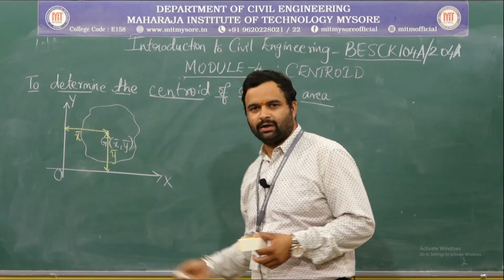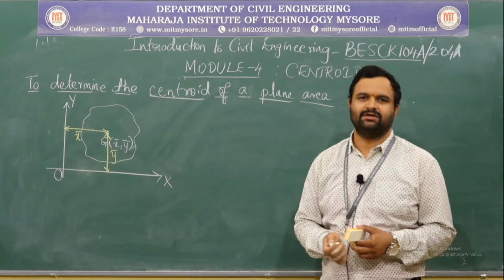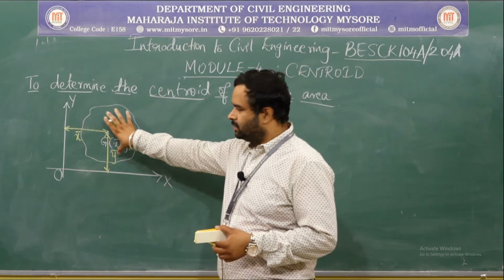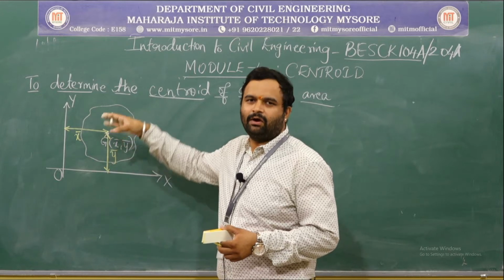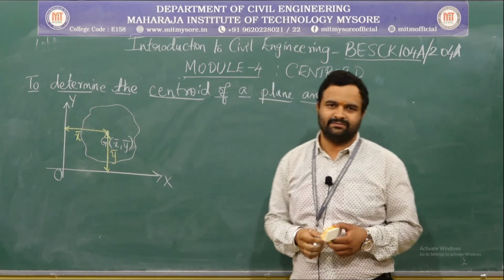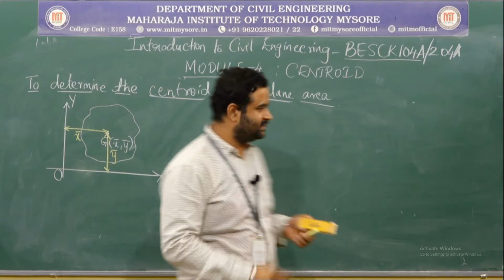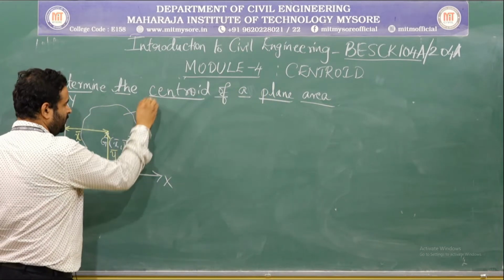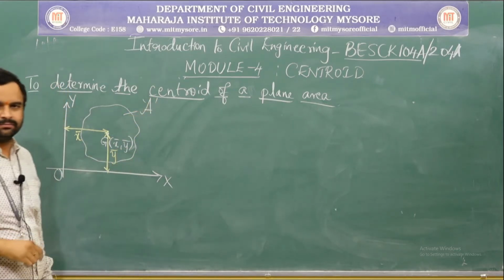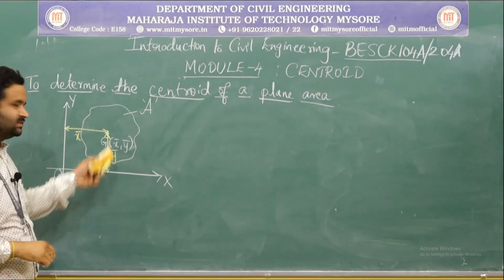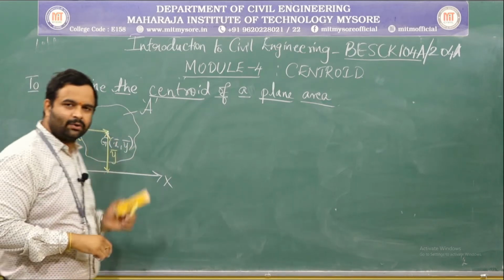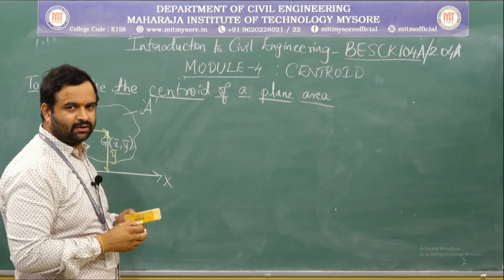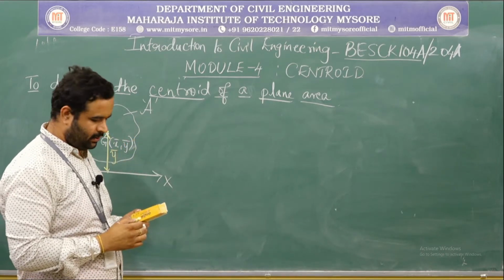As you are now aware of the definition of the centroid, we need to divide this into a number of component areas. If I take this figure, its area will be capital A and the coordinates of the centroid are x bar and y bar.